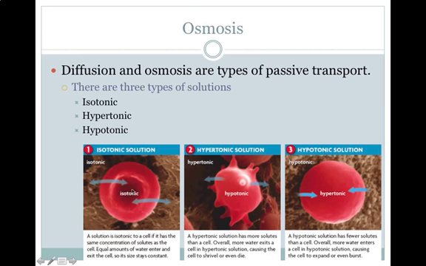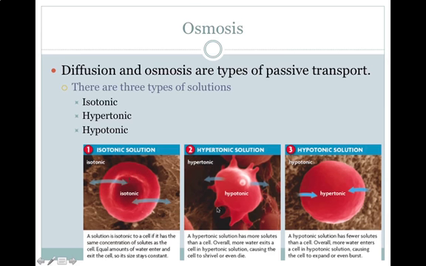So if I take this red blood cell, which they always have this shape, and I put it down into a beaker of some solution, and the water is able to move from the outside to the inside, back and forth at a steady rate, at the same rate it's going out, the same rate it's coming in, then I can say that this cell is in an isotonic solution. So the movement of water is balanced in and out of the cell.